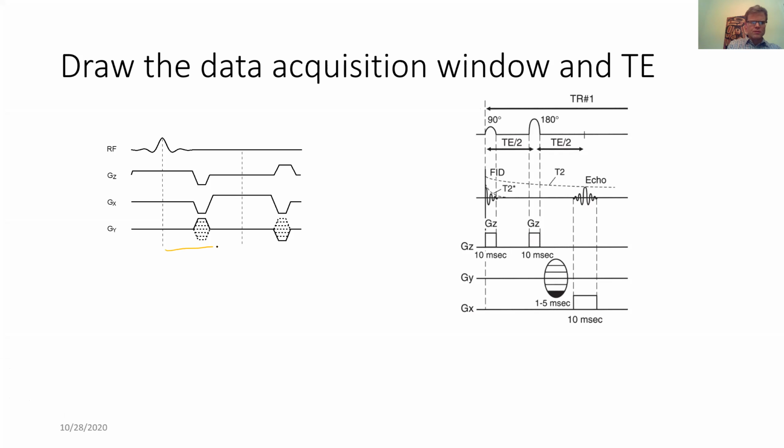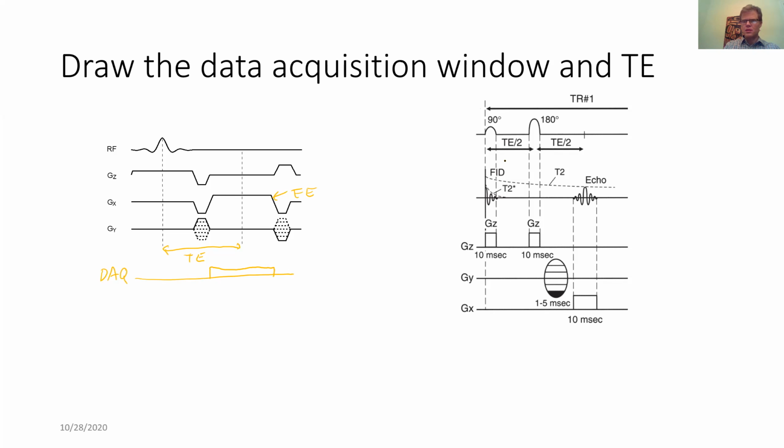First, hopefully these are becoming concepts that you're more comfortable with, but here's the data acquisition and the TE. The data acquisition is done during the frequency encoding gradient here, and then the TE is from the middle of the RF pulse to the middle of the echo.